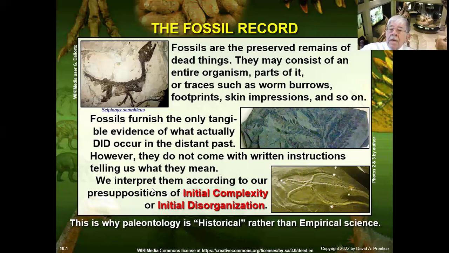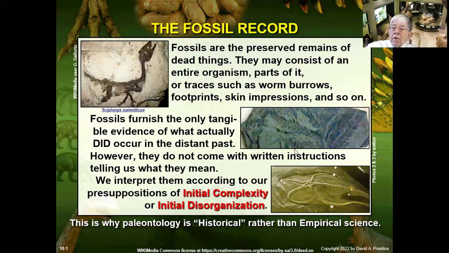So at the beginning, were the conditions of the early Earth complex or disorganized and primitive? Creation says that there were already complex conditions, whereas evolution says that no, things were very disorganized. So evolution says simple to complex, creation says complex to simple. So I have to interpret things according to my presuppositions, simple to complex or complex to simple.